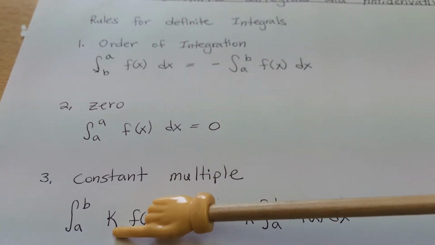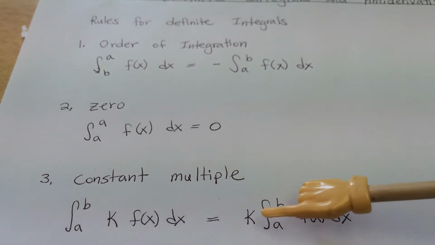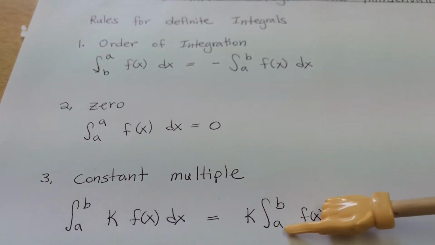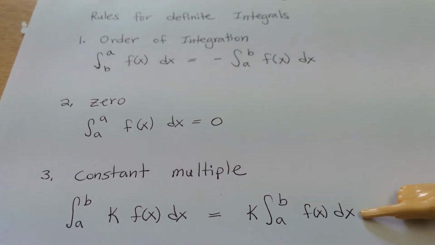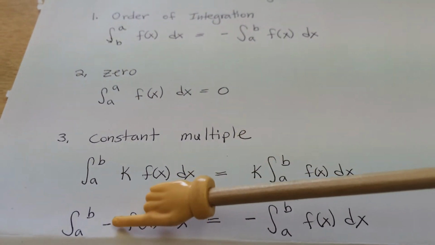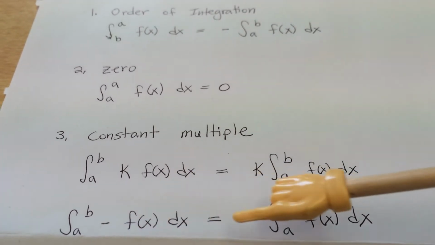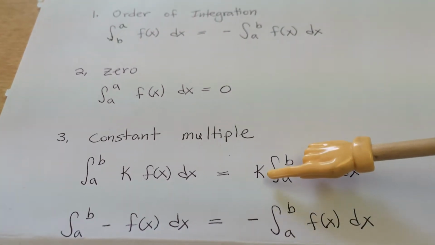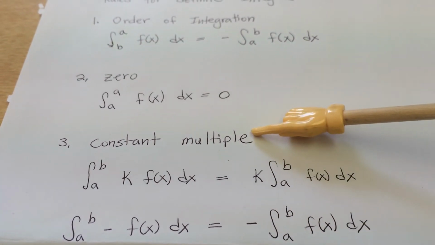So if you have a number like 3 or any number, you can always factor it out in front of the integration symbol, and then do your same lower limits, upper limits, equation, and then the period right there. Okay? We also have a negative, so if you have a negative in front of all the variables right there, you can also factor out a negative. So a number and a negative can be factored out. That's called a constant multiple.